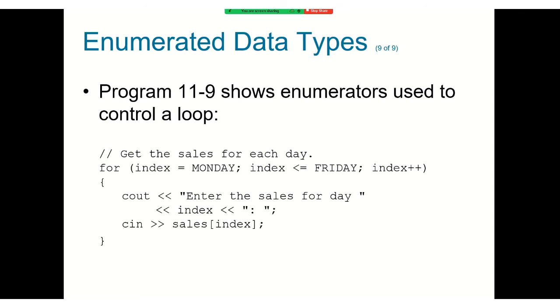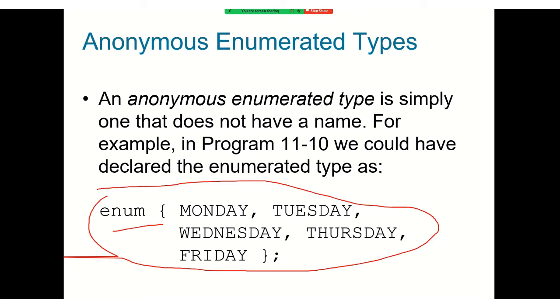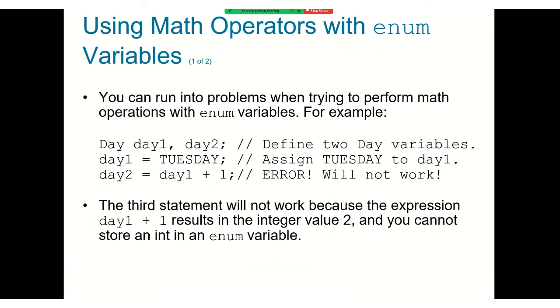So we have done it. So you can use the anonymous enumerator as well. Anonymous means it does not have any name. You can do it just in an anonymous way. So let us say you define two day variables, day one and day two.